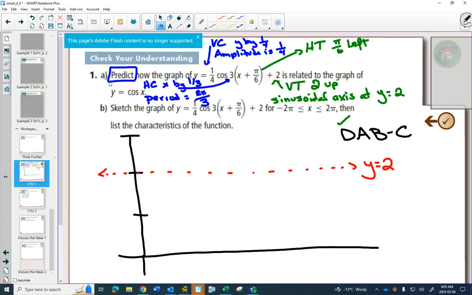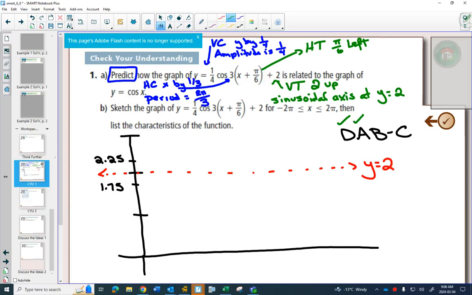Can you see that if you went up 1/4, you would have a maximum at 2.25, down 1/4, a minimum at 1.75. It's really squished, so I thought about my scale ahead of time. I knew it was going to be really squished, so I tried to spread things out early. But now our amplitude is done.